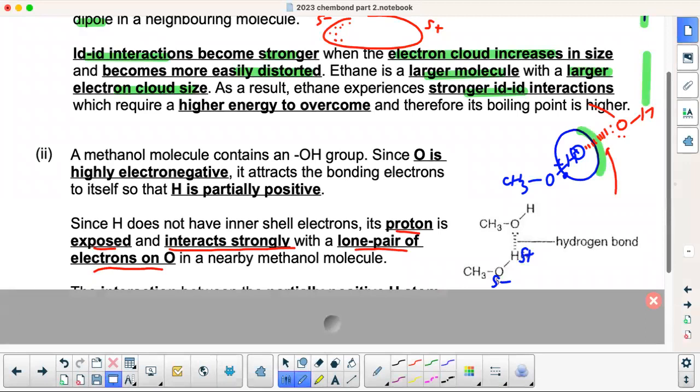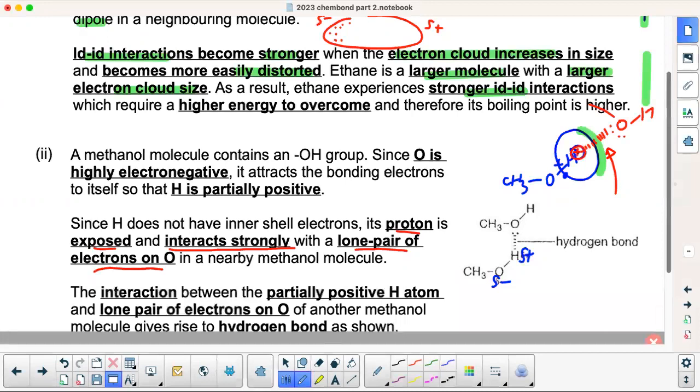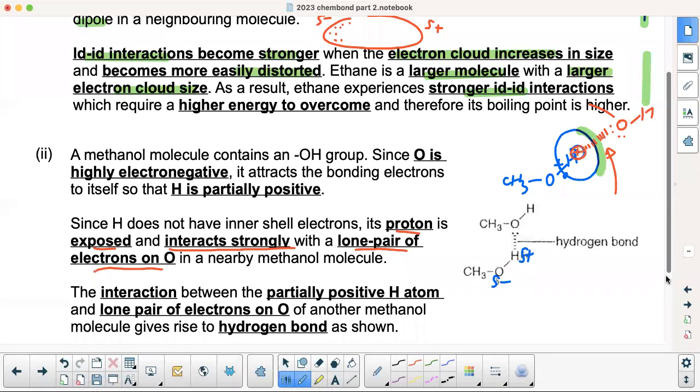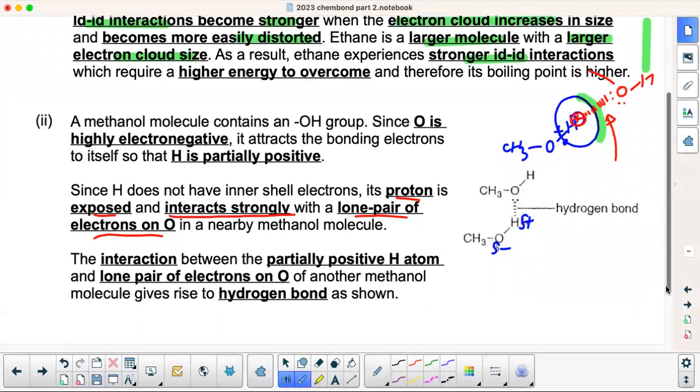The lone pair interacts directly with the nucleus. Got it? Remember I mentioned this. So this is a very, very strong interaction. The proton is exposed. Then after that, just mention H bonds are stronger than ID-ID. The interaction between partially positive hydrogen and the lone pair gives rise to hydrogen bond. So this is explaining how hydrogen bond arises.